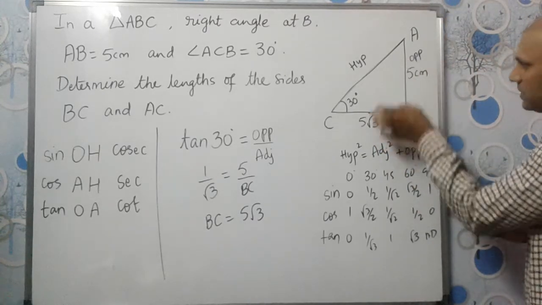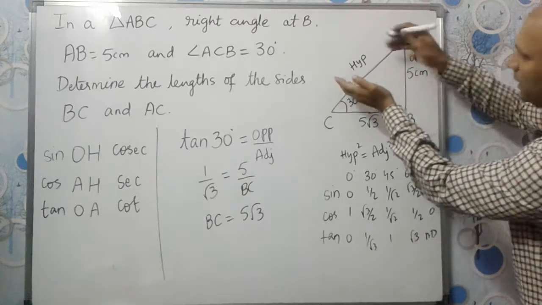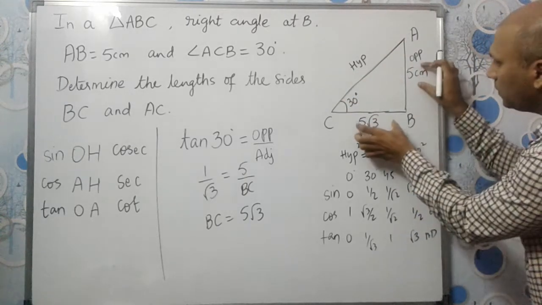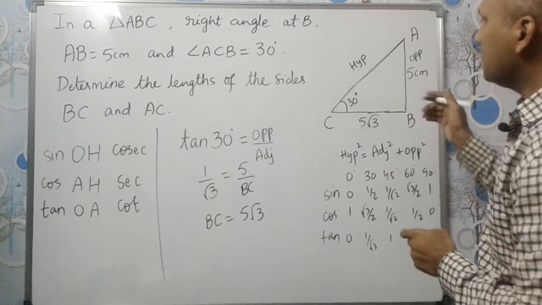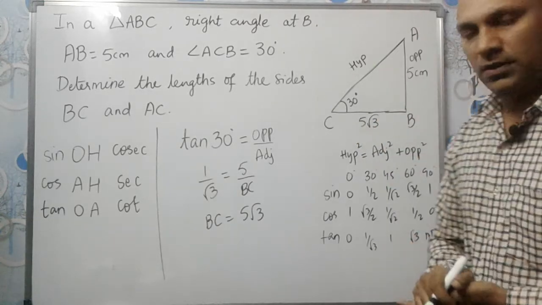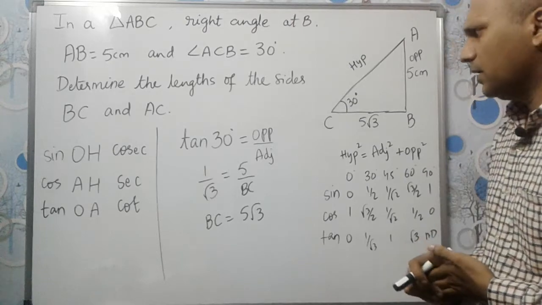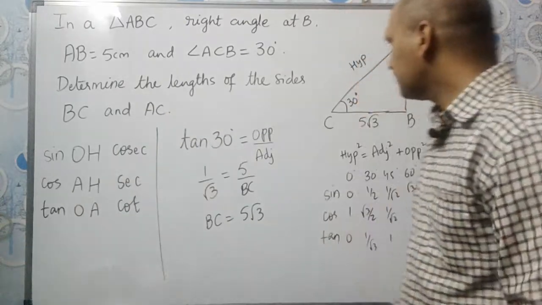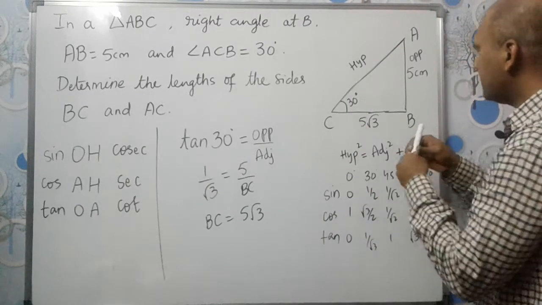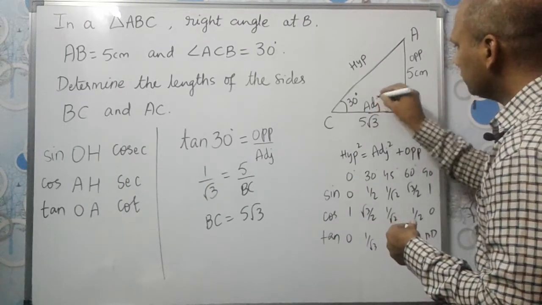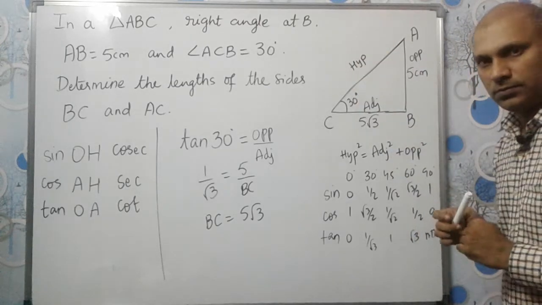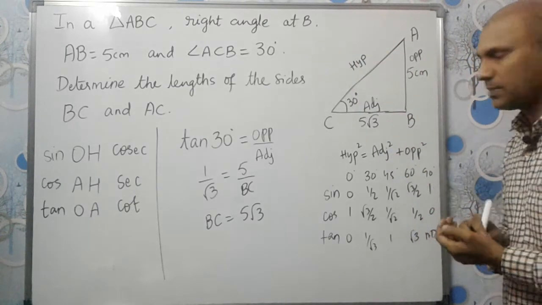Now two sides are known. We need to find the third side. We can use Pythagoras theorem now because we now know two sides. When two sides are known in a right angle triangle, third side can be found using Pythagoras theorem, right? Or we can use one of the formulas again. We have adjacent also now. We have adjacent side, we have opposite side. We need to find hypotenuse.